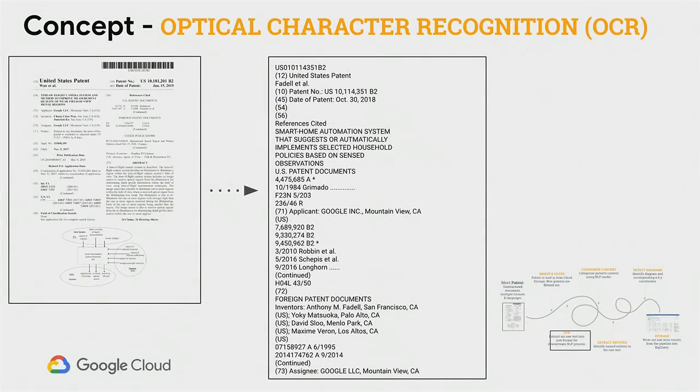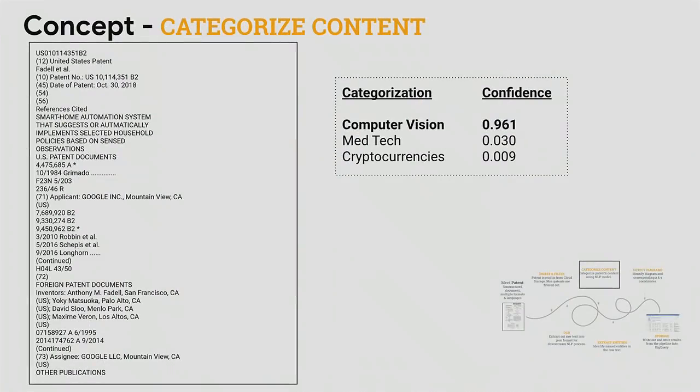So we apply OCR on it. As you can see, everything that was inside a patent PDF is now converted to raw text. That's not really interesting yet. The next interesting part is yet another AI. We wanted to categorize the content within the patent.